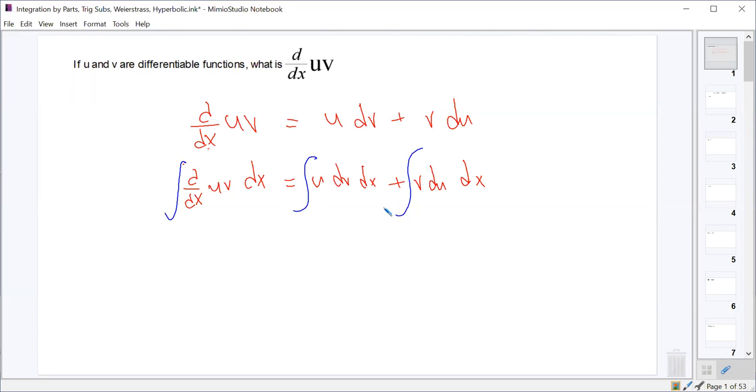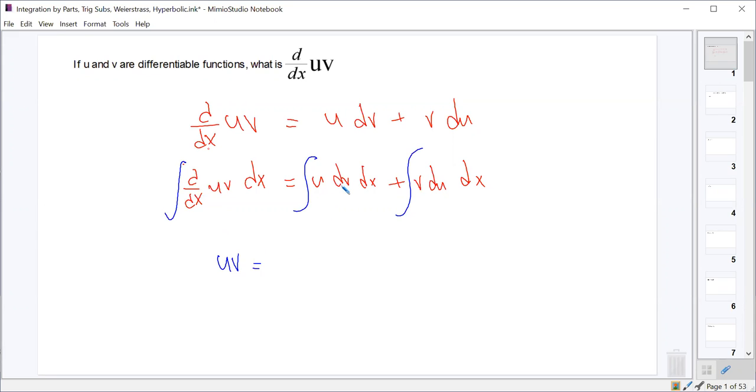Now what we're going to do is integrate both sides of this, which seems kind of stupid because we just took the derivative of both sides of it. Why would we want to integrate both sides? Well, because we do. So what's the integral of the derivative of some function u times v dx? It should just be uv, that original function u times v. What about the rest of this?